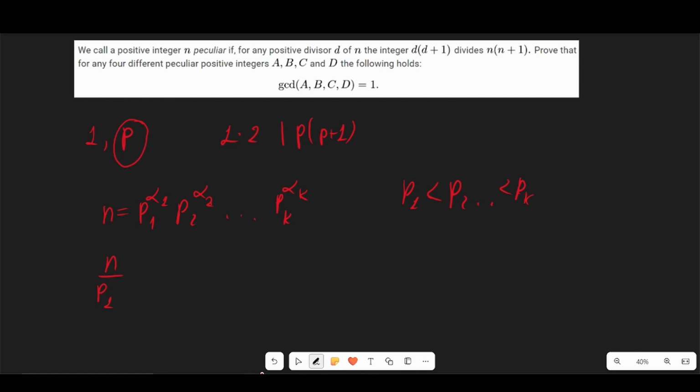N over p1 times n over p1 plus 1 divides n times n plus 1. So we will get that n over p1 plus 1 divides p1 times n plus 1.